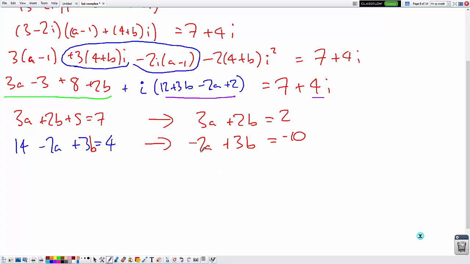These are all correct. This gives us a is equal to 2, and we'll get b is equal to minus 2. So finally, my z is equal to 2 minus 2i.